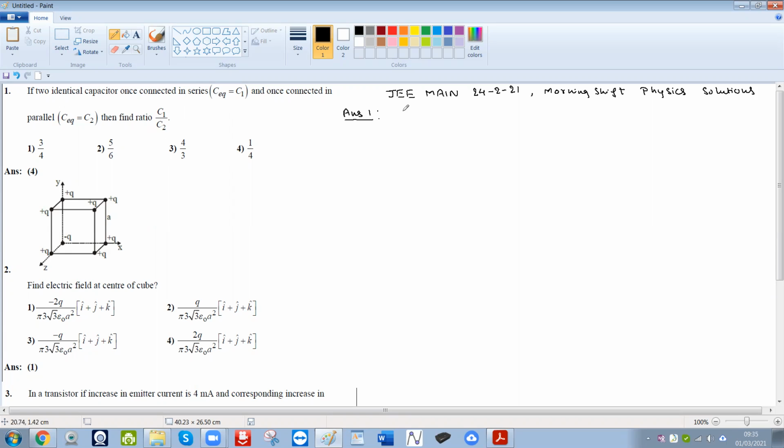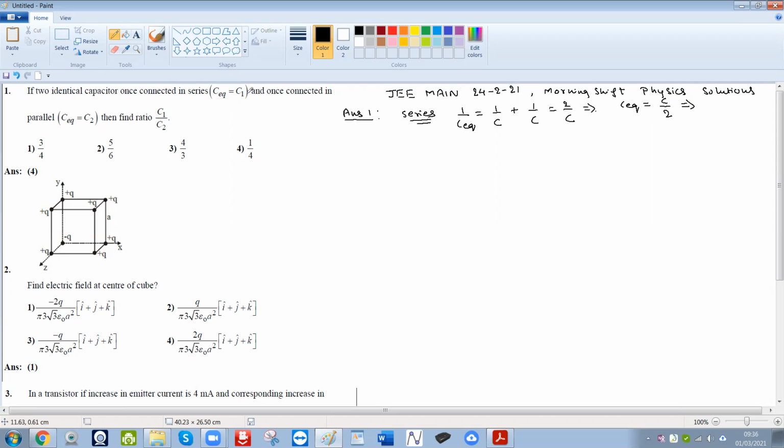Now, when they are connected in series, effective capacitance is given by the formula 1 by C1 plus 1 by C2. Since capacitors are identical, so C equivalent becomes C by 2.